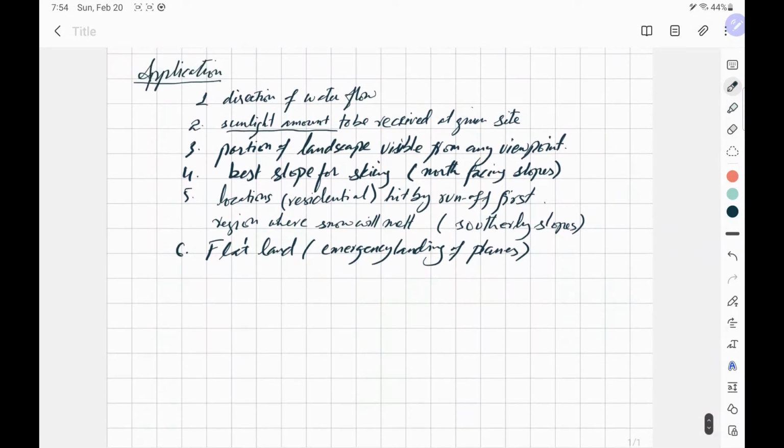Let's talk about the formula, or algorithm. Different books have presented different algorithms for aspect.